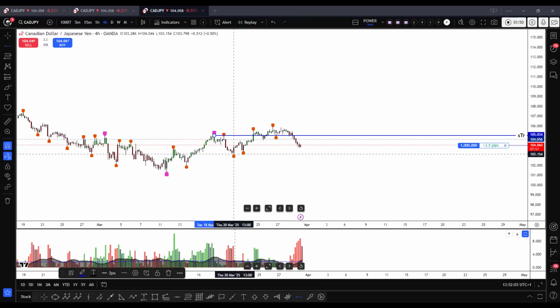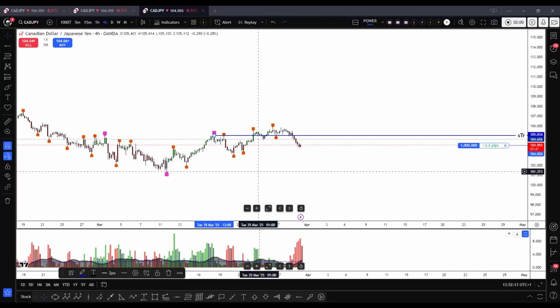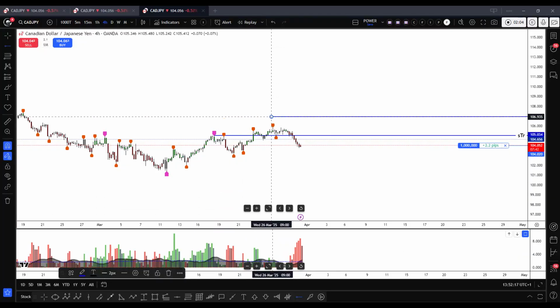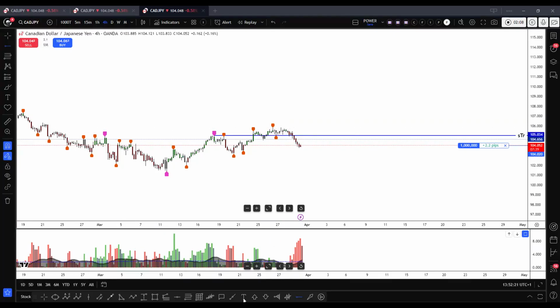This is a structure that created a structure. So we cannot count this as a major structure, okay? But this one is a valid one because it breaks below a previous low. So that is that. So the high here, this one here is a momentum high.